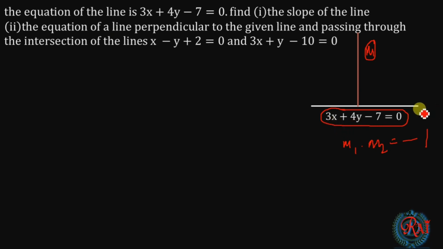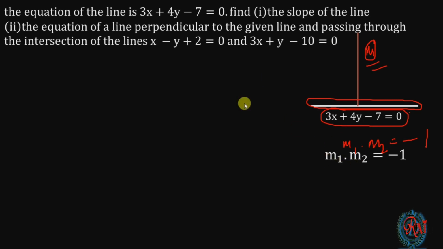First we calculate the slope of this line, and with the help of this slope, I'll calculate the slope of the other line. So 3x plus 4y minus 7 equals 0. This we need to convert into the form y equals mx plus c.